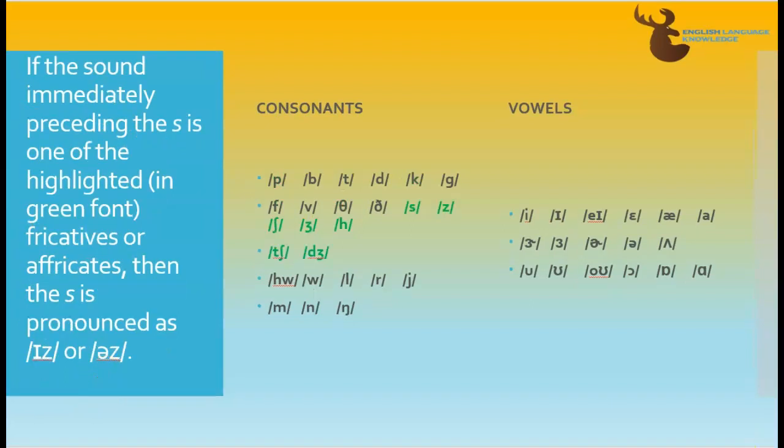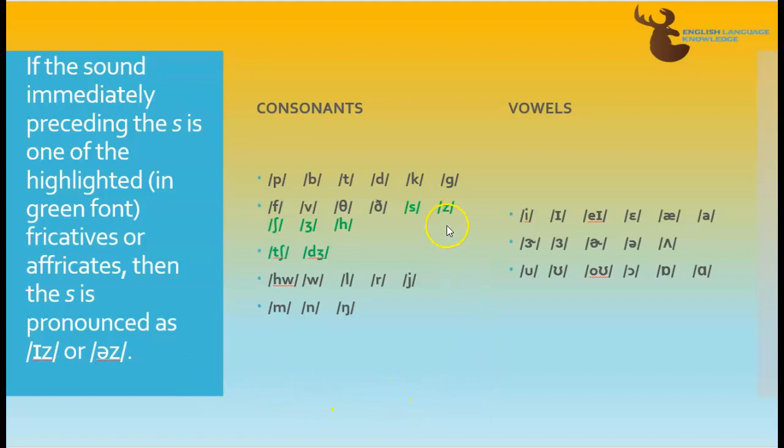Now, if the sound immediately preceding the S is one of the highlighted fricatives or affricates in the chart next to this explanation, then the S is pronounced as an extra syllable, something like "iz" or "is".